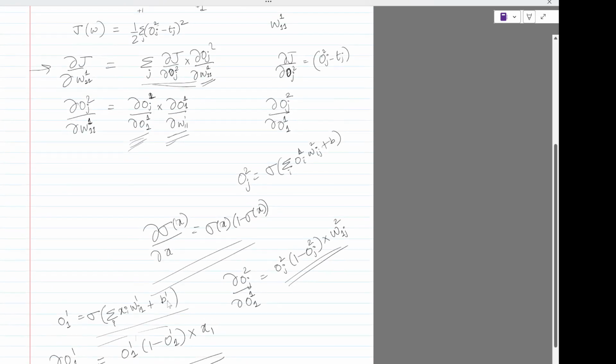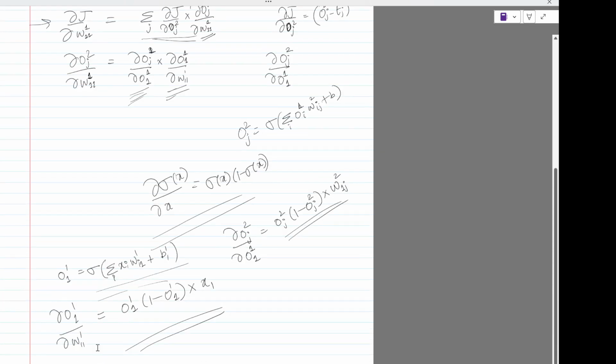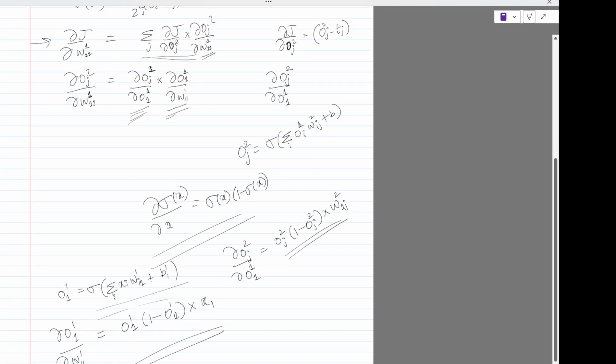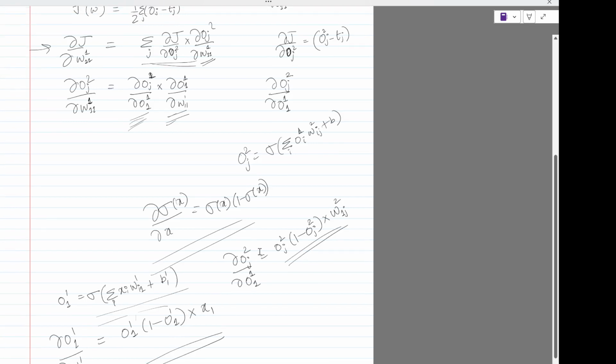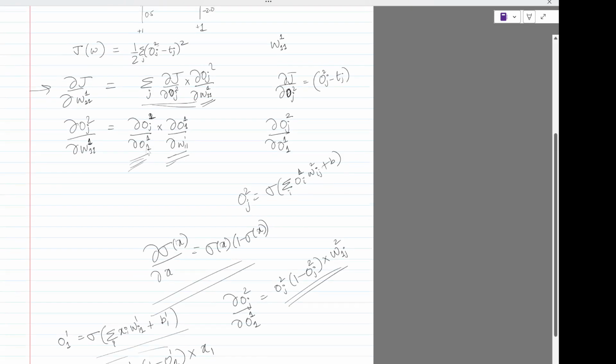You compute that, then apply the sigmoid activation function and you get the O11 value. So this derivative is O11 into 1 minus O11 into the X1 value. Similarly, you get this derivative value. These two values you substitute over here, you get this value.